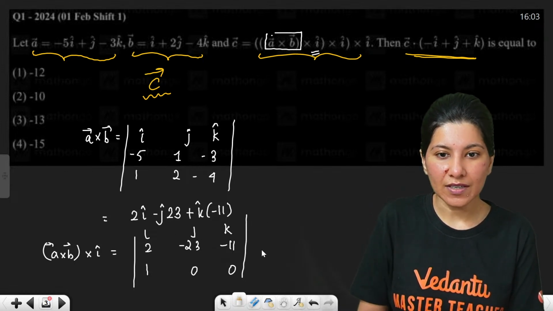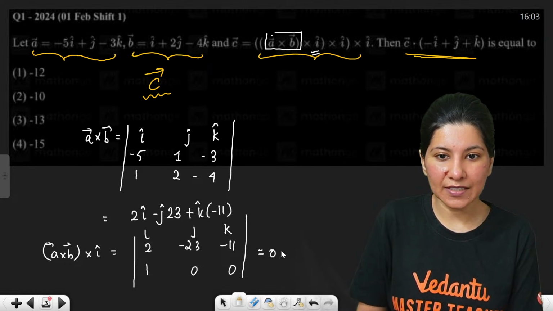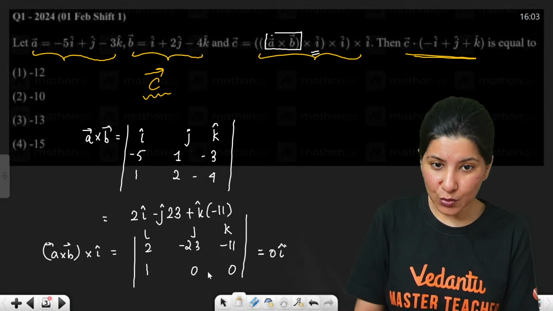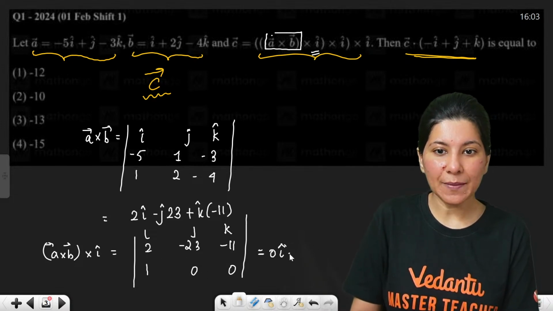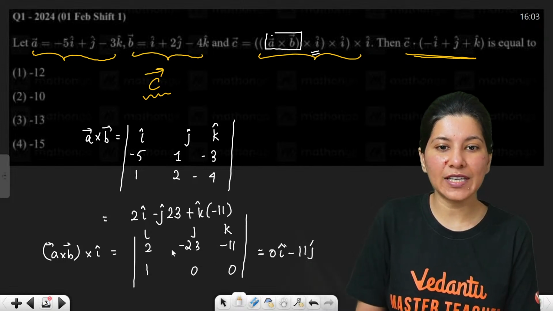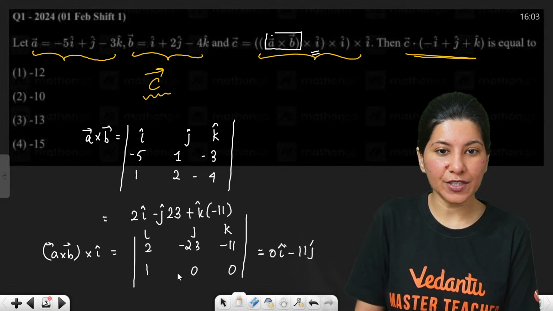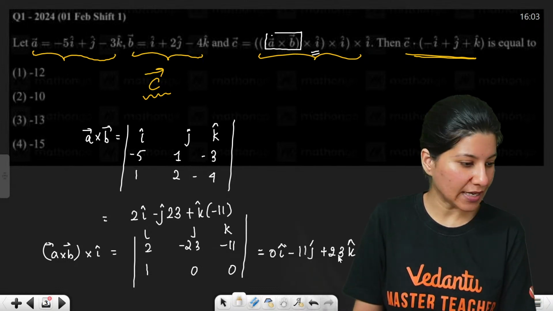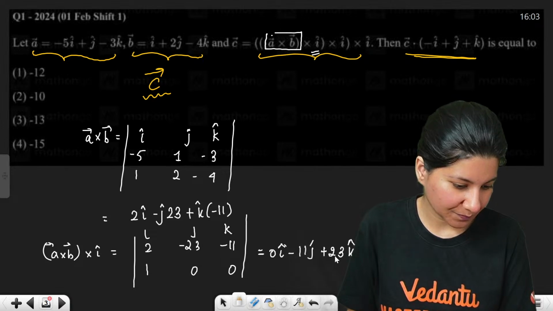So here 0 I cap, next we are going to have 2, so 0. Basically minus 11 J cap, and finally plus 23 K cap. This is your A cross B cross I.